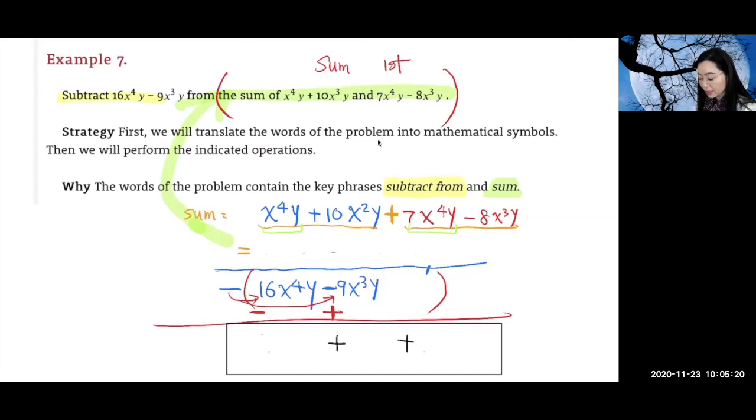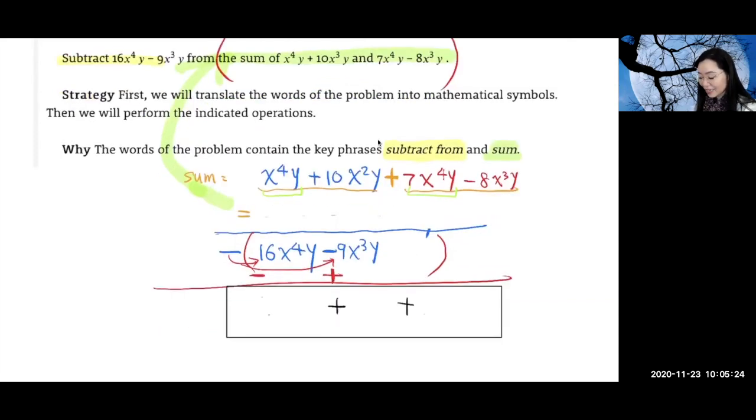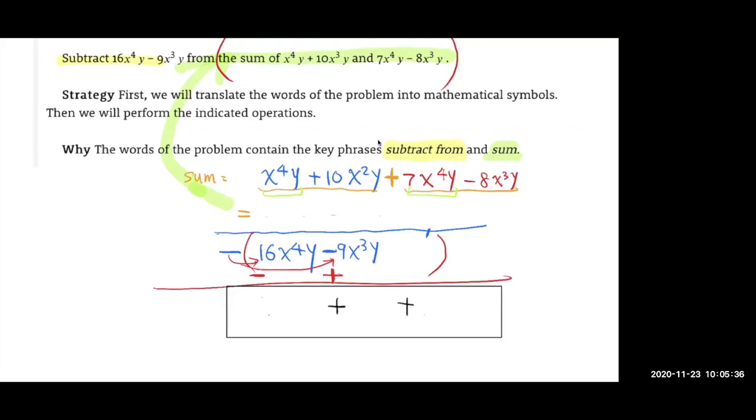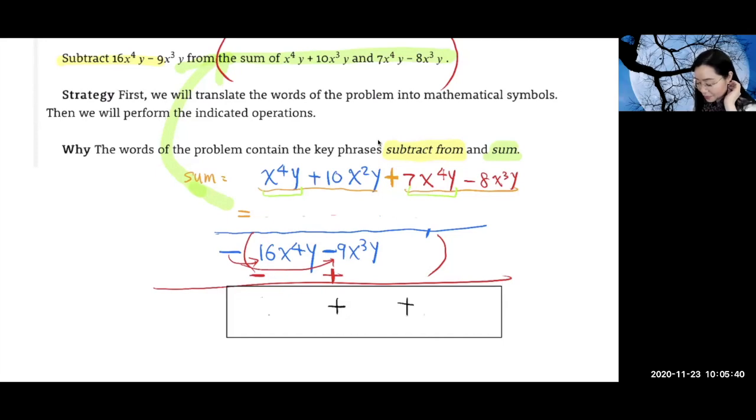Combine like terms. This one and this one are like terms. Combine this. What do you get? 8x to the fourth power y. Yeah, you got it. So that is 8x to the 4 y.